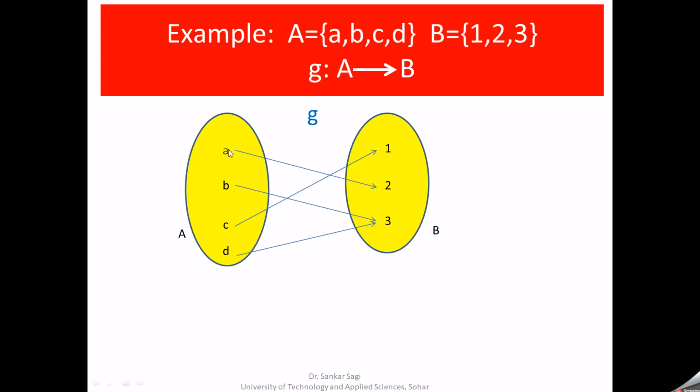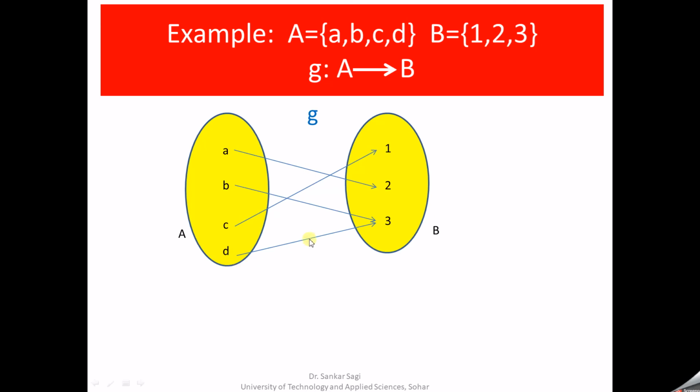So here a has image 2 and a has only one image 2, a unique image. And b has image 3 and b has only one image 3. b has no other images. And c has image 1 and c has only one image, a unique image 1.